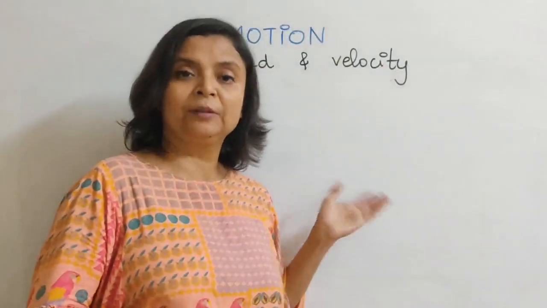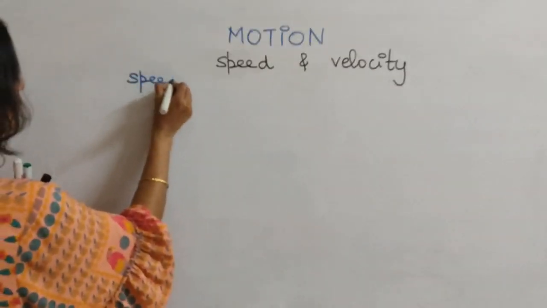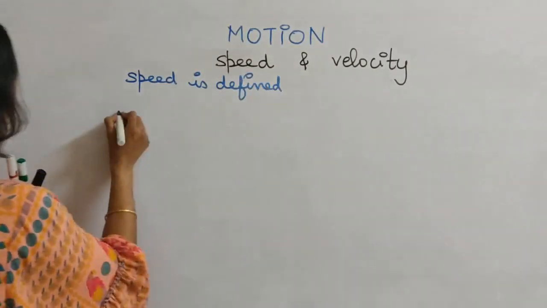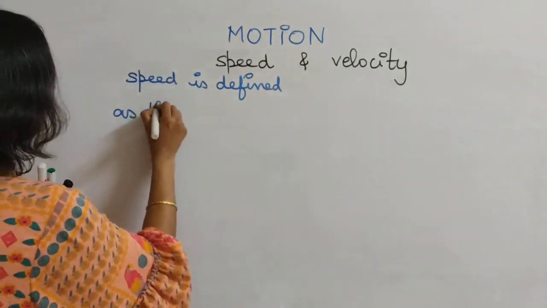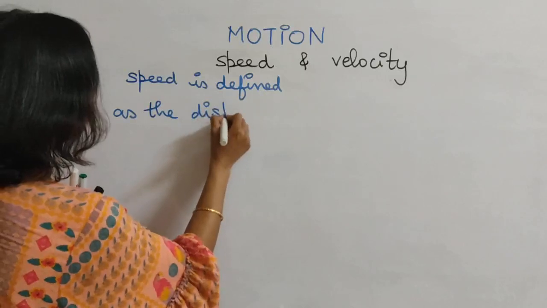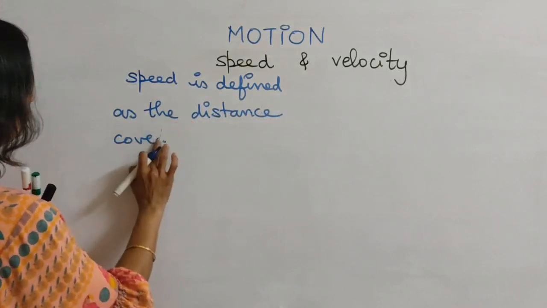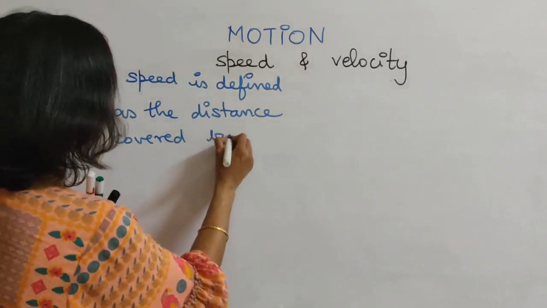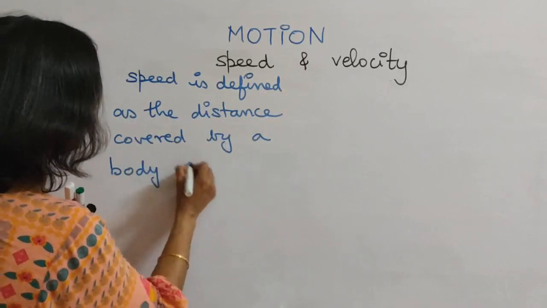Now let us put these in proper words. Let us jot down the important things together. Let us begin with the definition. Speed is defined as the distance covered by a moving body in unit time.